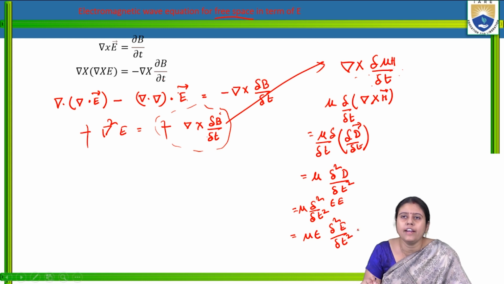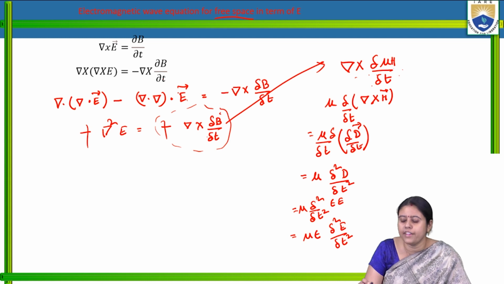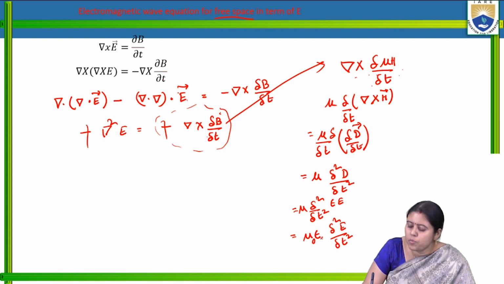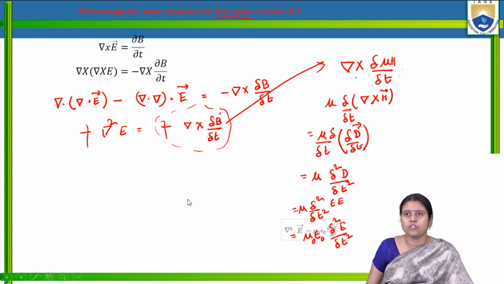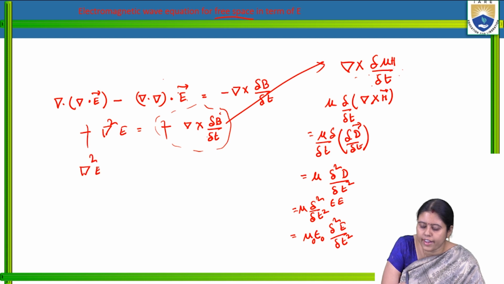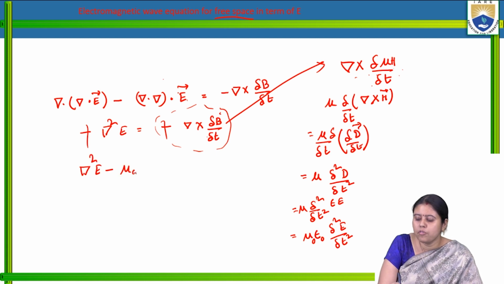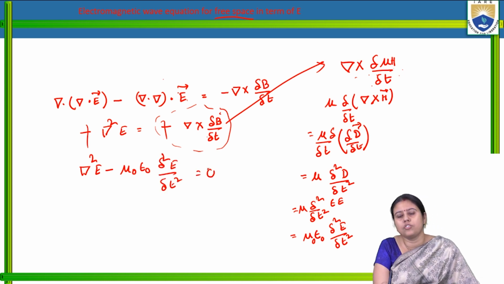Since this is free space, instead of mu and epsilon we write mu naught epsilon naught del square E by del T square. So we can write: grad square E minus mu naught epsilon naught del square E by del T square is equal to 0.